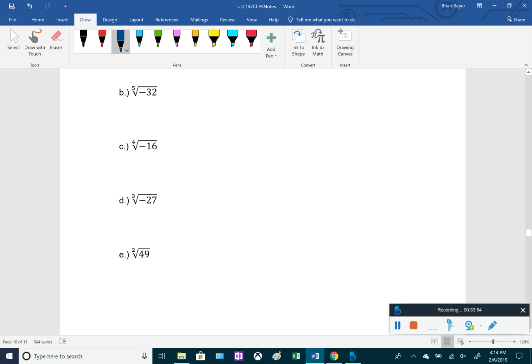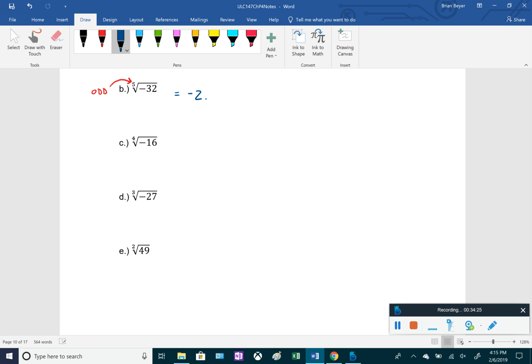The next one we have is the fifth root of negative 32. Right away, I would see a negative in the radicand, so I would take a look at the index right here. Since this is an odd number, the answer is going to be a real number and it's just going to be negative. So this is going to equal negative something. We have to think what times itself 5 times is going to give us 32, and that's actually 2.